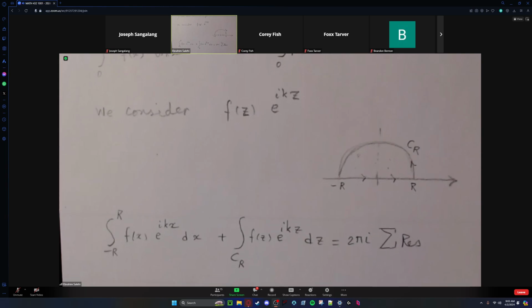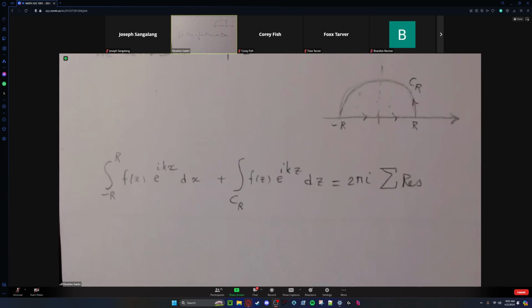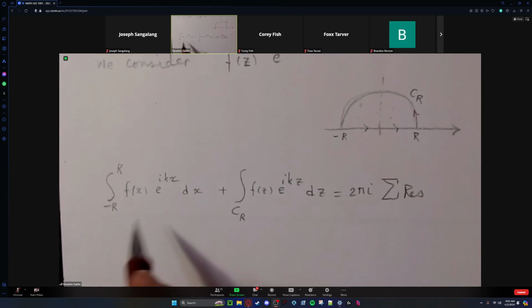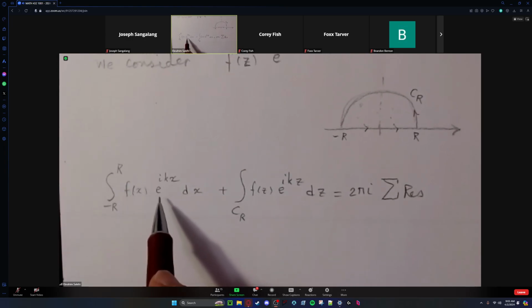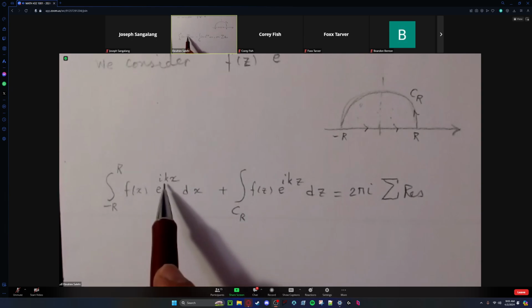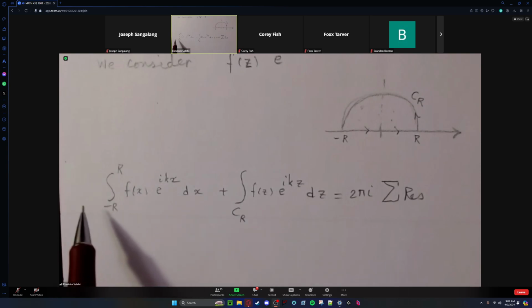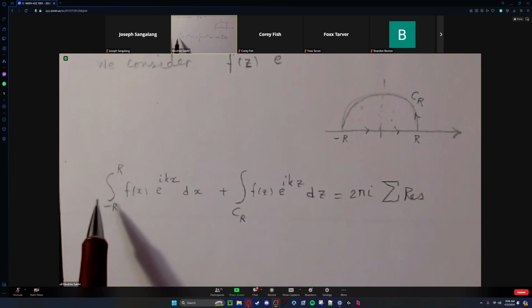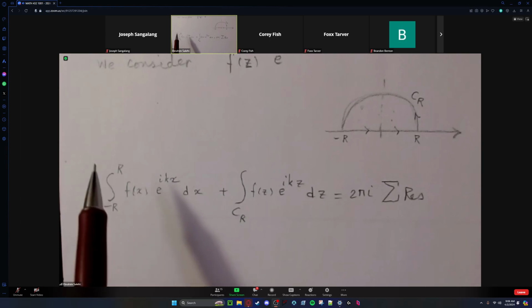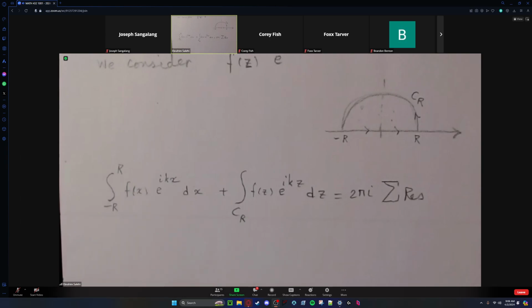Oh, well, interesting enough, this part is going to give us, because e to the i kx is cosine kx plus i sine kx. So if we split this into those using Euler's identity, we will get both of them.